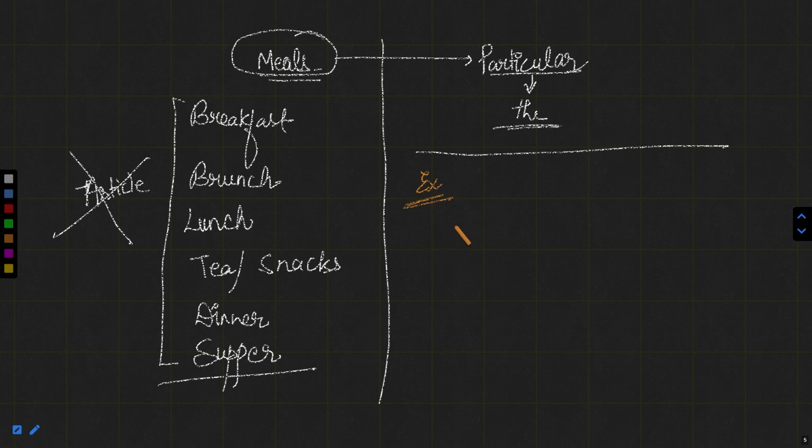For example, if I say, I usually have lunch at 1 o'clock, this is in a general sense, in which our daily timing is 1 o'clock.